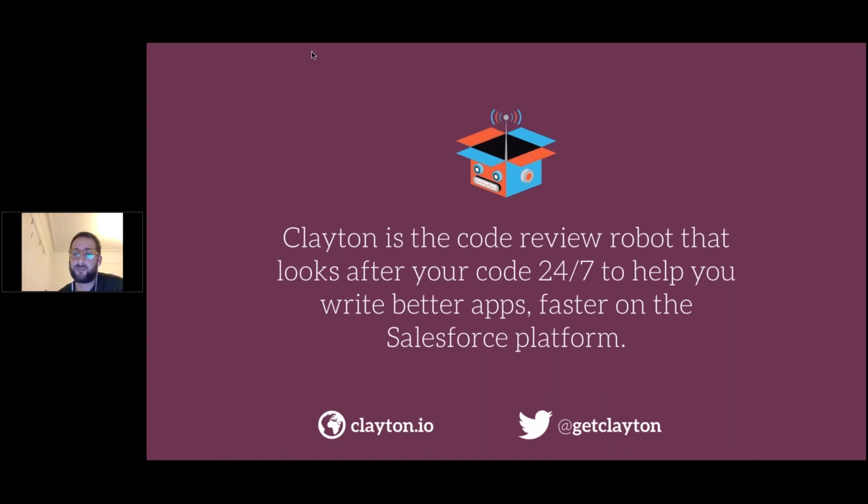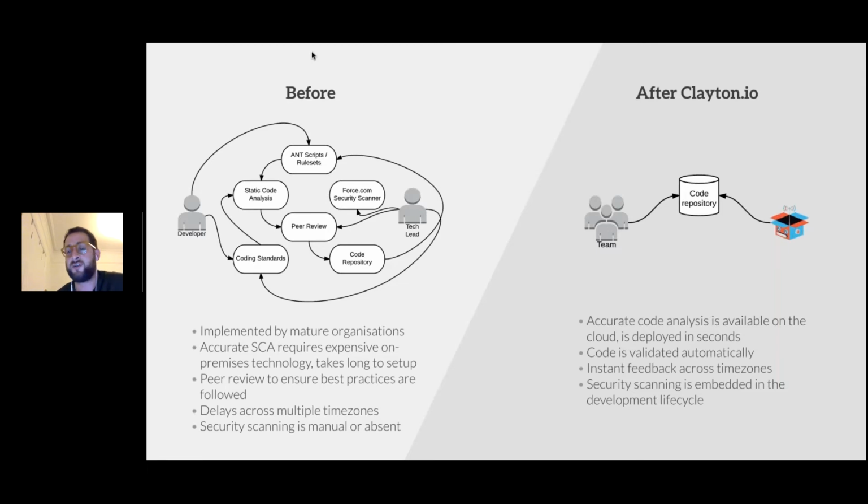What is the problem that Clayton tries to solve? In a nutshell, as a technical architect and a developer first, I experienced how challenging it can be to make sure that everyone in your team is not only writing apps that function well, but that are also written according to best practices.